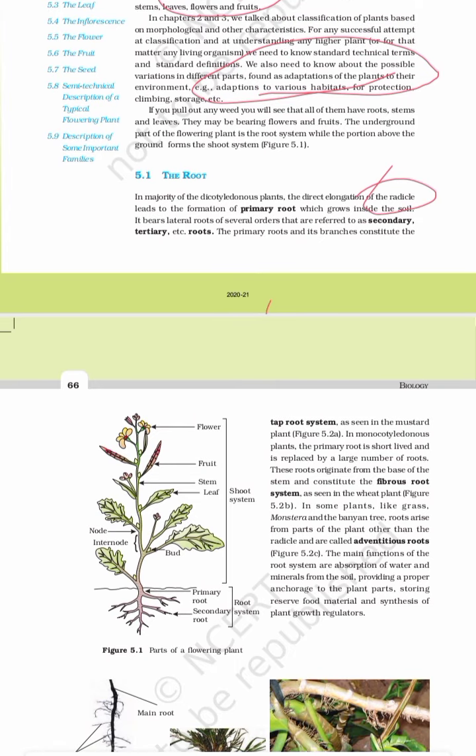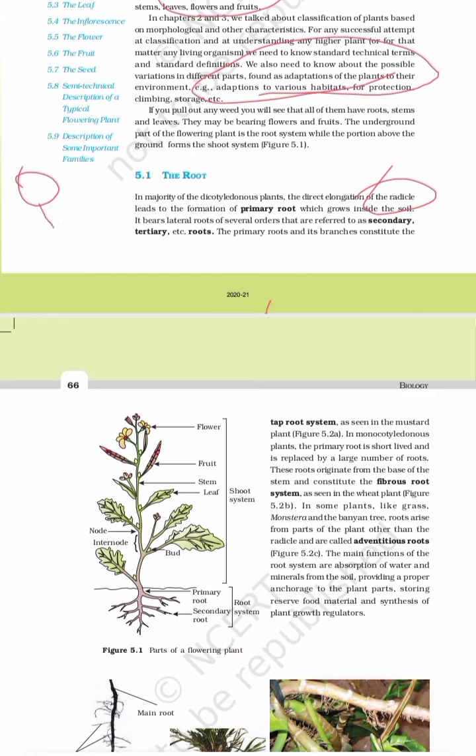Maybe you have seen a dicotyledon seed, like a mung seed, in your house. The root that gets developed, the white-colored root, develops from the radicle. If this radicle grows continuously, as I draw over here, then it is a taproot.